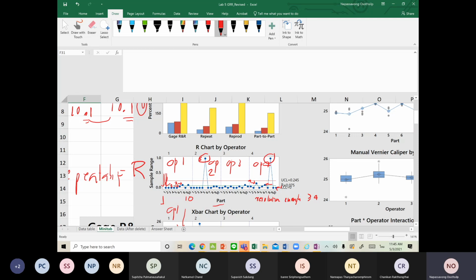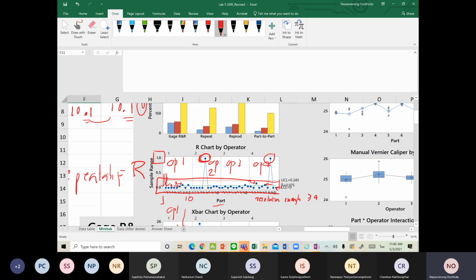Most of the numbers are in this range, but these 2 numbers are very high. That means, for example, for operator 2, when he measured part number 5, the 2 times were very much different, by 1 unit.